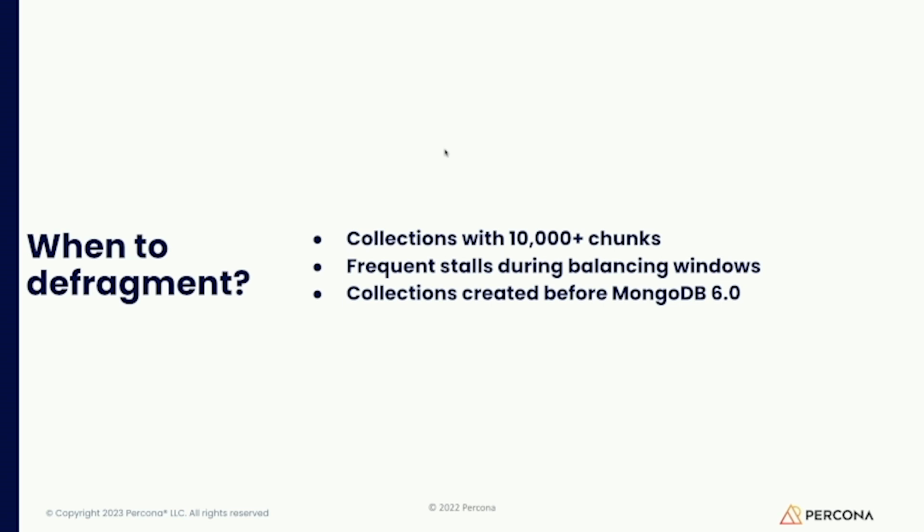If you notice stalls during the balancing window, it might also be an indication that you need to look at this. And if you have collections that were created in earlier versions of MongoDB, especially when the autosplitter was running in the MongoS router, it's very likely that you have jumbo chunks that are undetected.